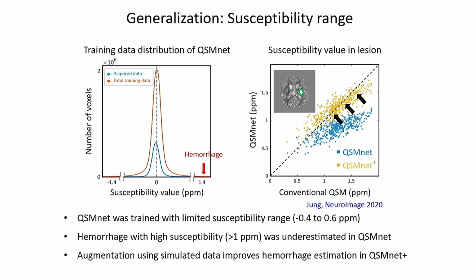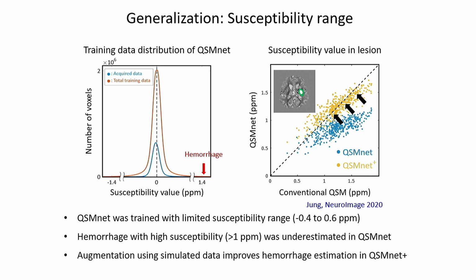One of the topics that we learned about is this susceptibility range. Naturally enough, QSMNet was trained on the graduate students data set, who don't have any hemorrhage. As a result, when we had a patient with hemorrhage, the susceptibility value was underestimated because QSMNet never saw such a large susceptibility value when it was trained.